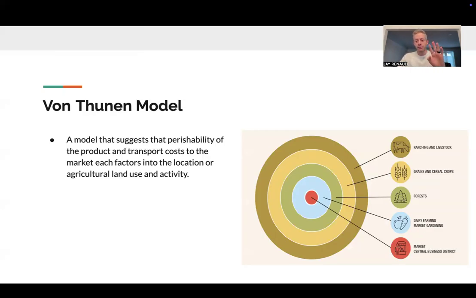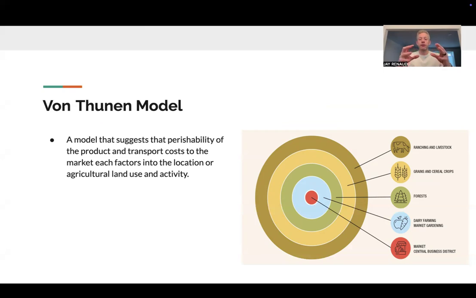Land costs is going to be highest near the market or the city. Transportation will be at its cheapest because we don't need to go far. We're going to farm more intensively. That's why we're going to see market gardening and dairy, because those things are perishable as well.